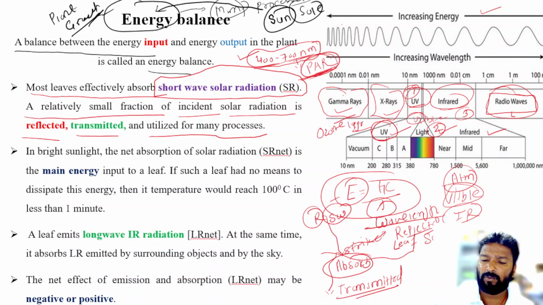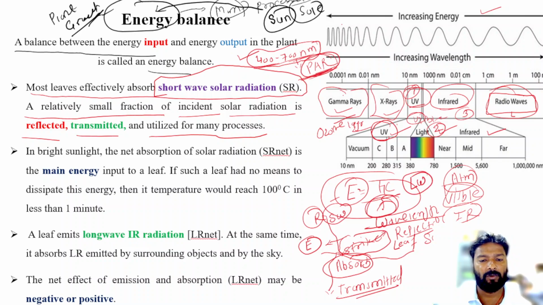When they strike, they lose energy, and when they lose energy, there is an increase in the wavelength, converting into infrared or long wave radiation. And this absorbed short wave light is utilized for many important processes.